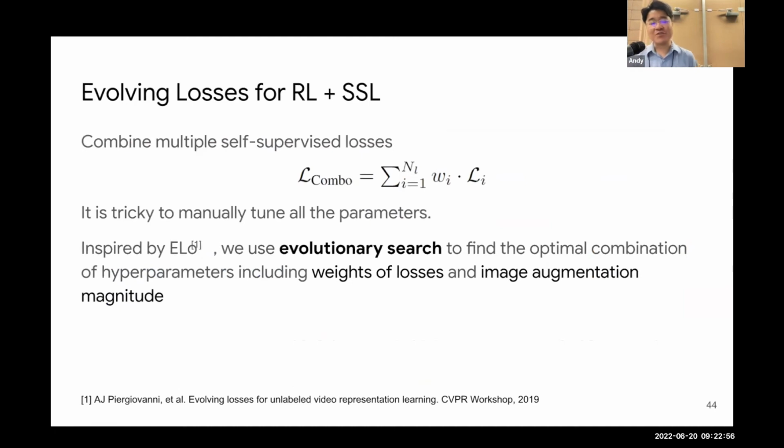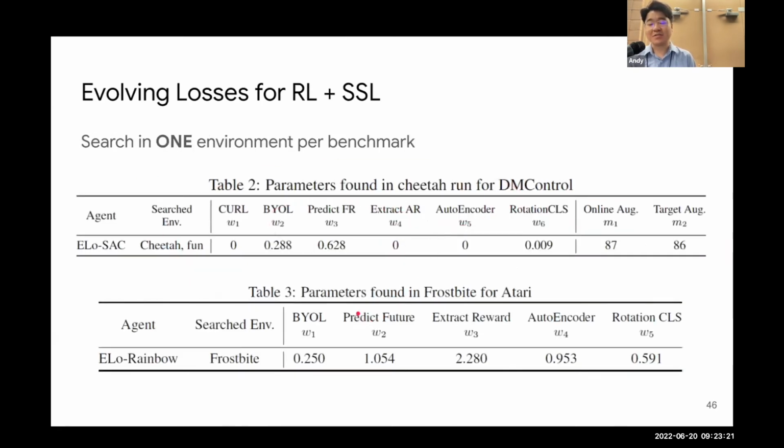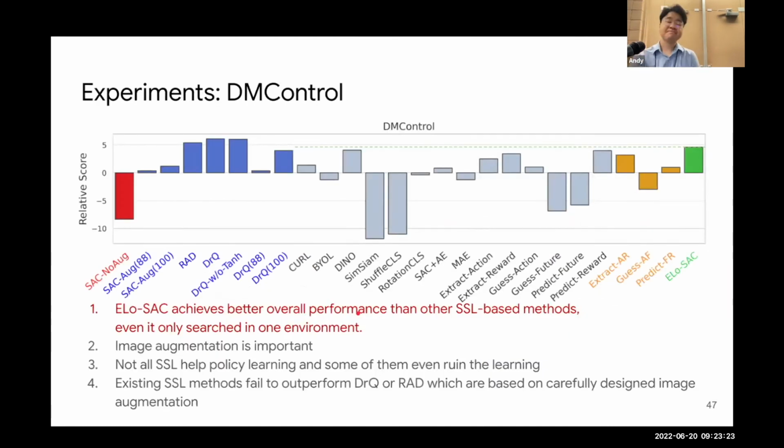So we also tried to investigate how we can combine multiple different types of self-supervised losses by doing evolutionary search. We try to combine multiple different types of losses using an evolutionary algorithm. And based on that, we were able to find some optimal parameters combining these different types of losses and come up with something like this.